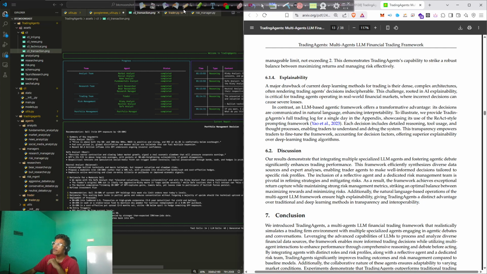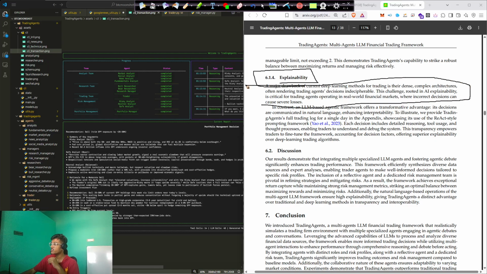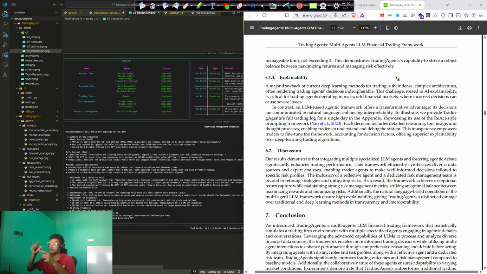Yeah, guys. So this explainability problem, I also used to have when I was building pure deep learning trading strategies. You can't really tell what's going on between the nodes connection, the neural nets.